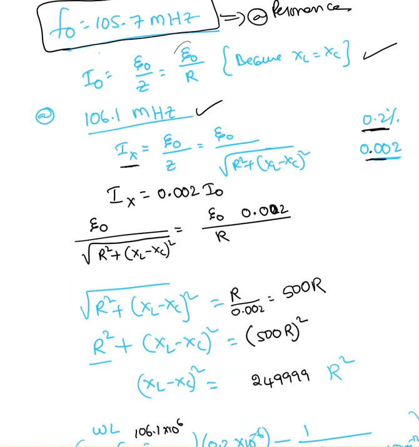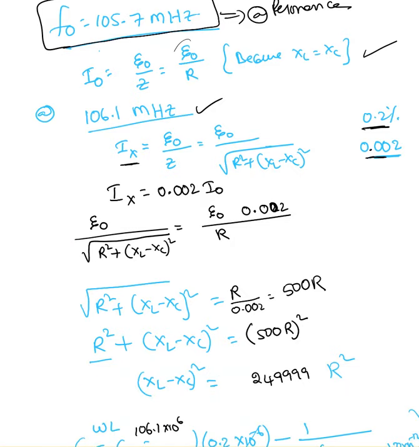Now E naught and E naught get cancelled out, and if I move them to the other side, you will end up with square root of R squared plus (XL minus XC) squared equal to 500R.